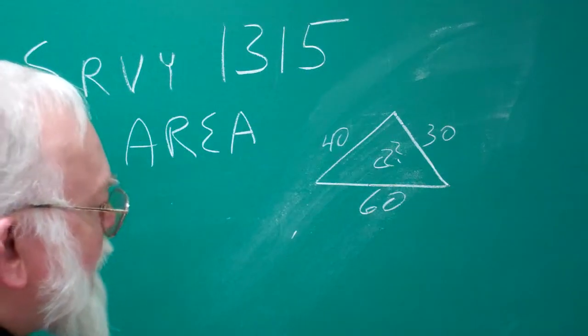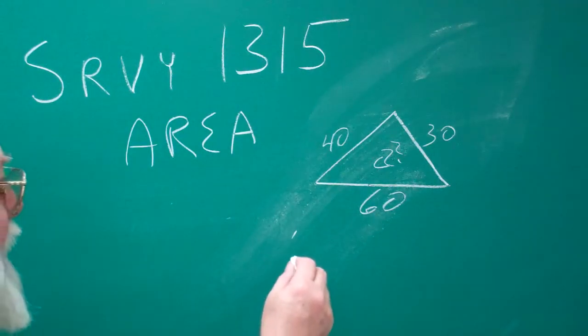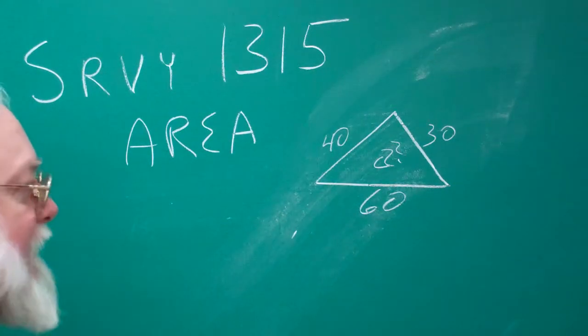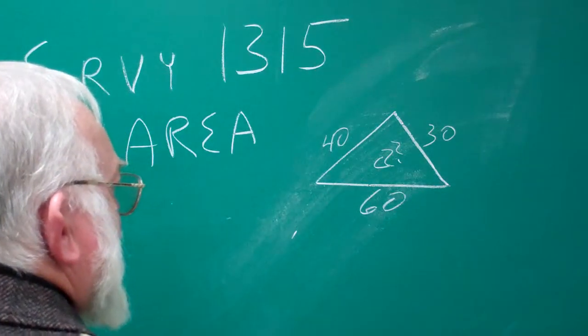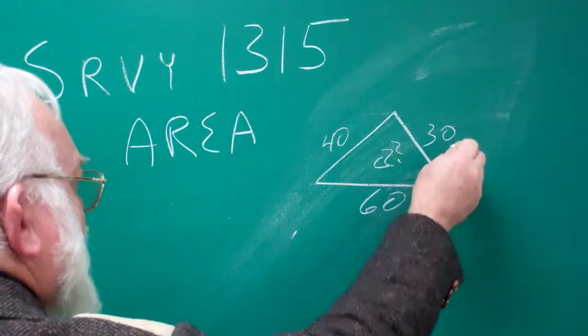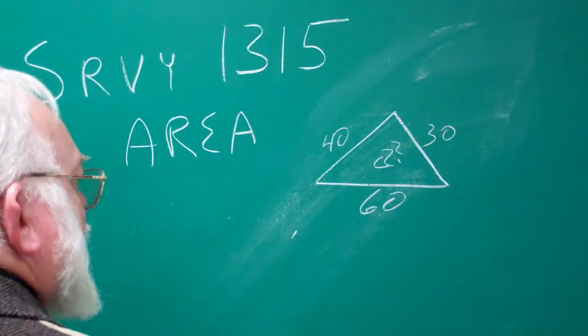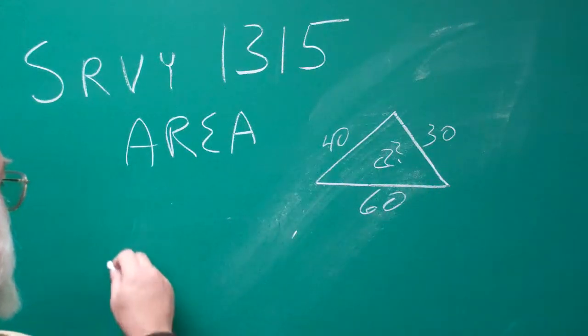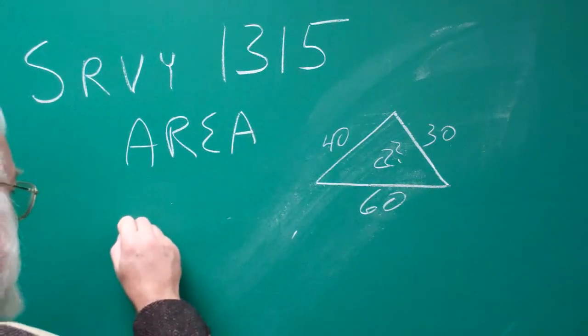All you have to do to find out is, the formula uses what's called the S factor, and the S factor is the perimeter divided by 2. So 60 plus 40 plus 30 is the perimeter, the length of all of the sides. So 130 over 2 is 65.